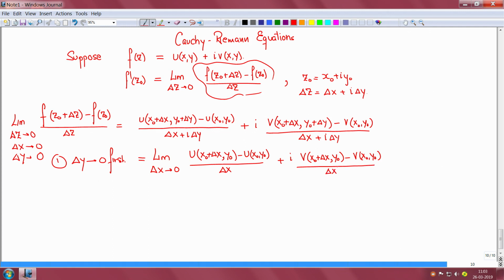Okay. So, now here you can see the function at x0 y0 incremented only in the x direction by delta x, the difference taken and divided by delta x. So, we know that this is del u del x, u x evaluated at x0 comma y0.